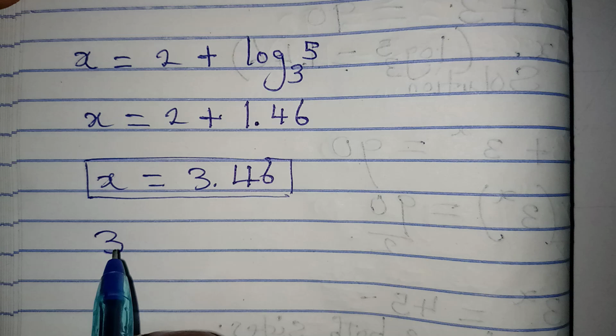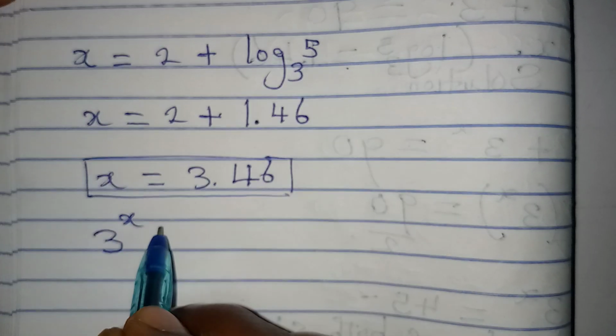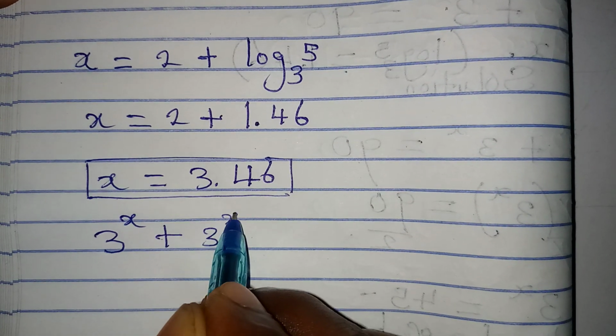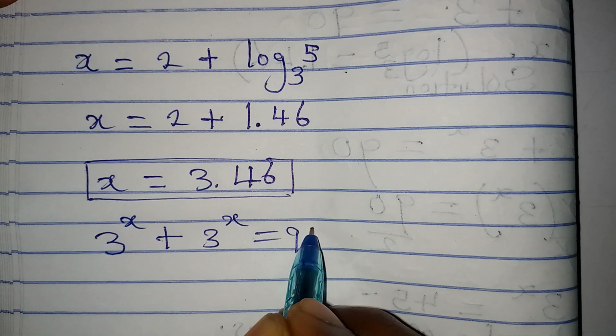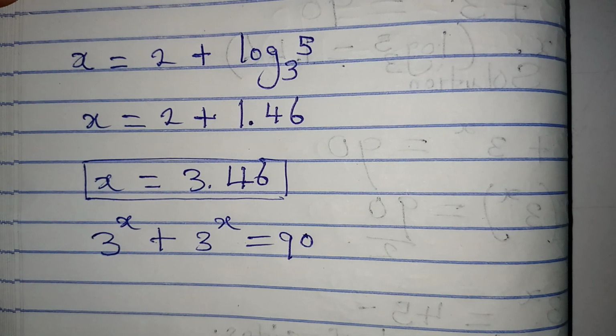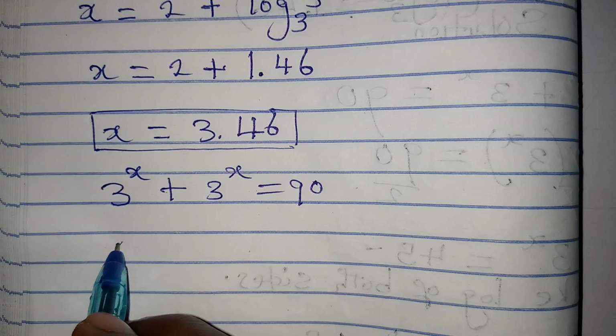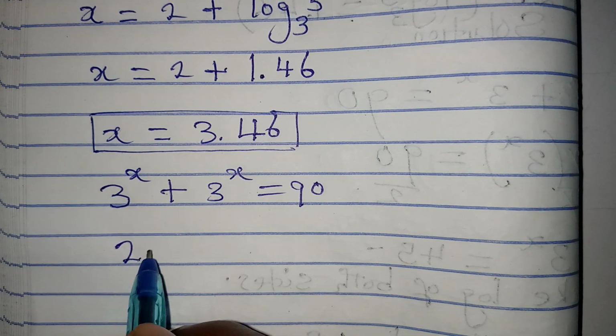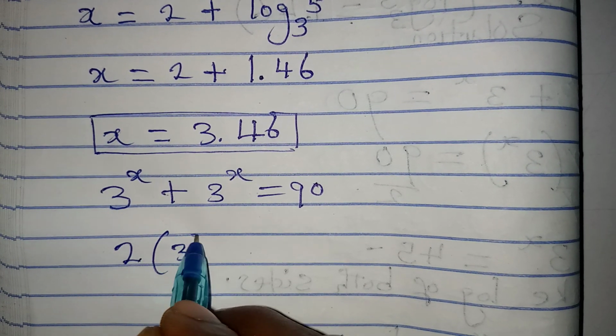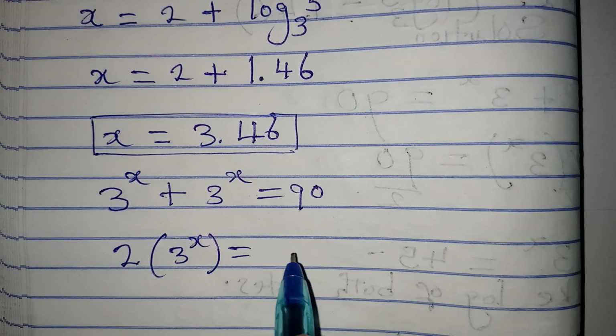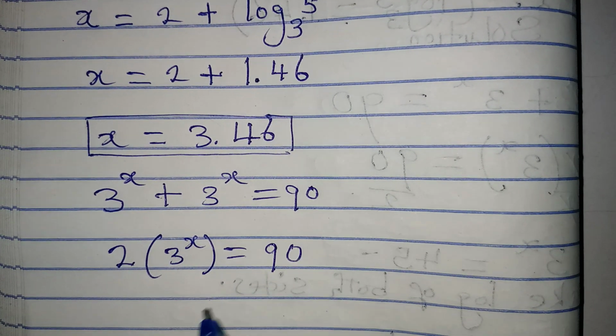The original equation is 3 to the power of x plus 3 to the power of x equals 90. Remember what I told you? This is the same thing as 2 multiplied by 3 to the power of x, and this is equal to 90.